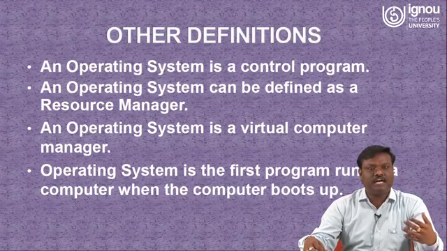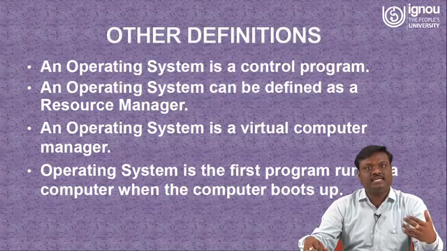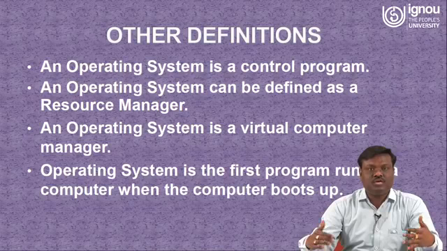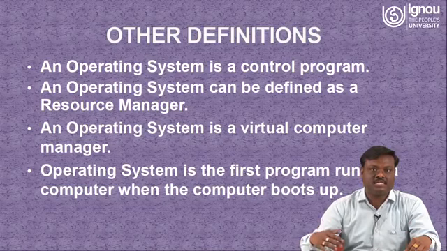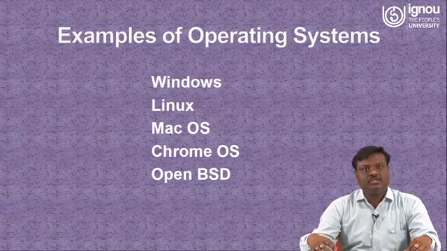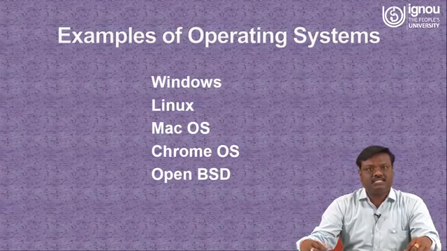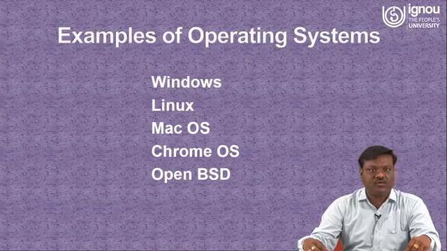After the OS resides in the RAM, it tries to control the overall system, and the resources attached to the system. So, let us take some examples. As you know, Windows is one operating system, then Linux, Mac OS, Chrome OS, and OpenBSD. There are several operating systems.